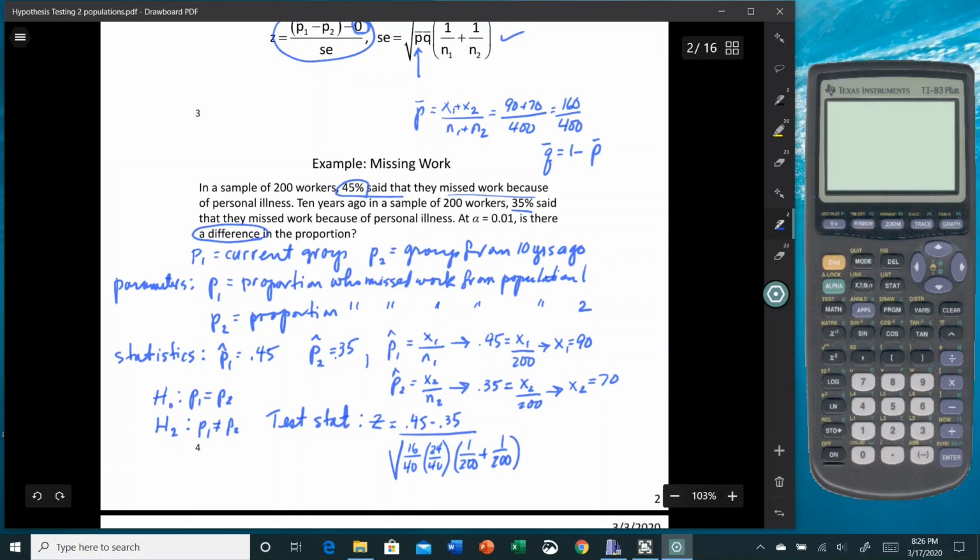So that's a kind of nasty looking calculation. We can do that calculation very quickly here.